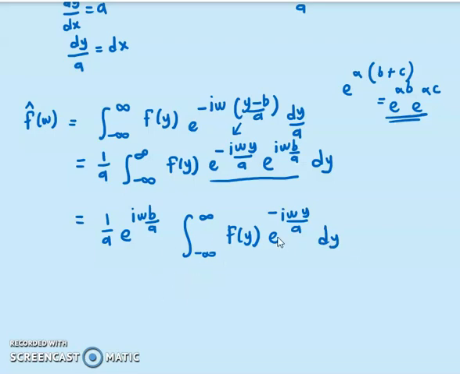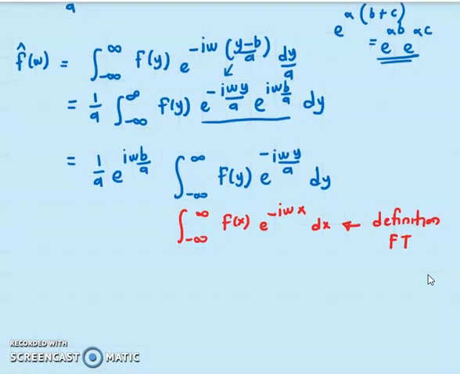If you look at this integral, it is similar to the definition, because the definition of the Fourier transform is the integral from minus infinity to infinity of f(x) e^(-i omega x) dx. This is the definition of the Fourier transform. If you look here now, the difference is that we have omega over a.